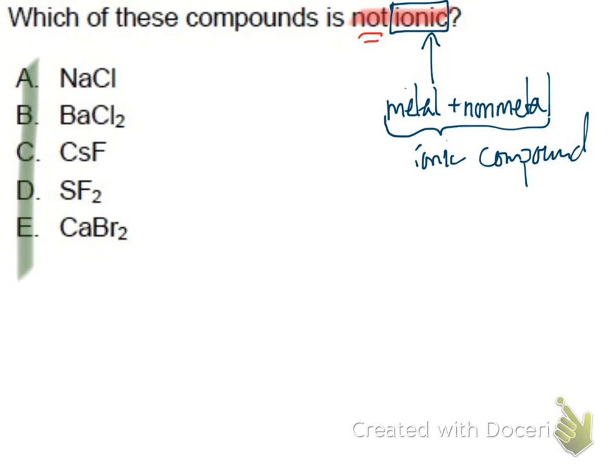For a problem like this, I would just go down and eliminate anything that's clearly an ionic compound. Sodium is a metal, chlorine is a nonmetal, so that's an ionic compound, which means it's not the right answer. Barium is a metal, chloride is a nonmetal. Cesium is a metal, fluorine is a nonmetal. Sulfur is a nonmetal, and so is fluorine, so that looks like it could be the right answer. And for E, calcium is certainly a metal, bromine is a nonmetal. So what's left is the sulfur fluoride. They're both nonmetals, and so this ends up being a covalent compound.